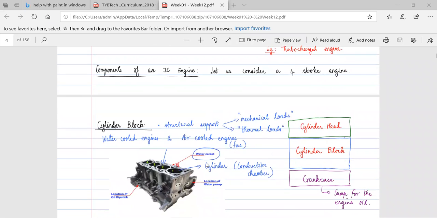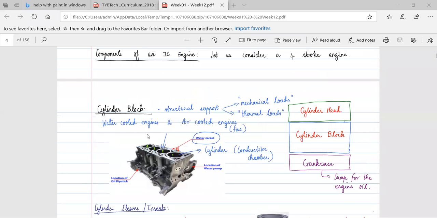Then we have different components. This is the cylinder block. 4 chambers are available, and there is a common rail above this. Sorry, the crankshaft is here. Here we have a common rail from where we inject the fuel and air.